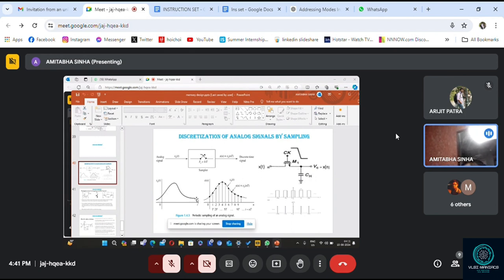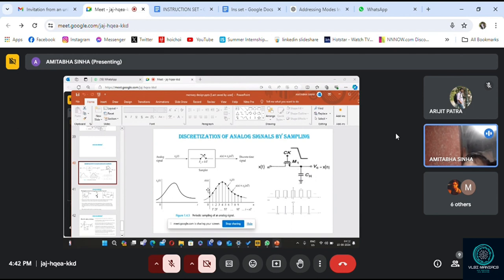Now this continuous signal you cannot store in a memory. You have to quantize somehow. So that's why you have to sample the signal. First process. So this is a sample. Once you are sampling, the sample numbers will be 0, 1, 2, 3, 4, 5, etc. That means in one instant, what is the signal value? x[n].